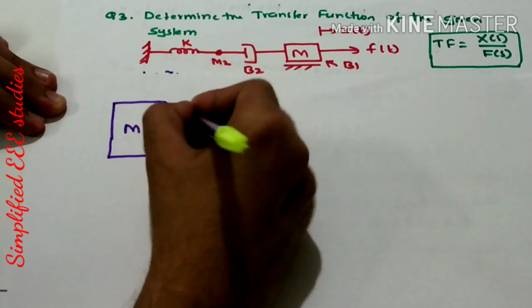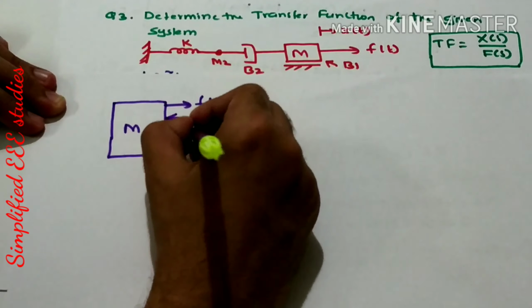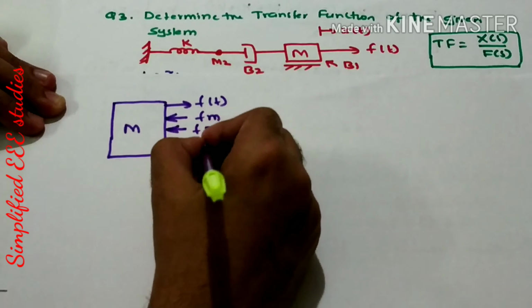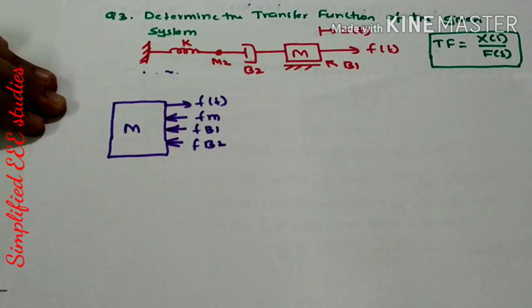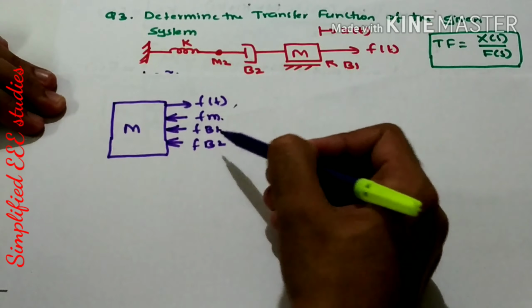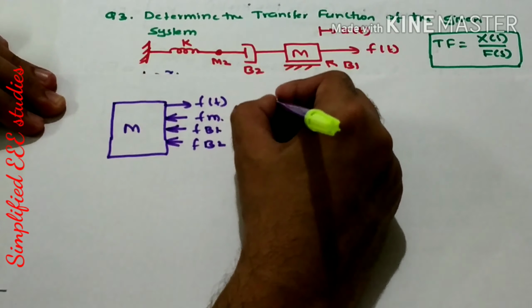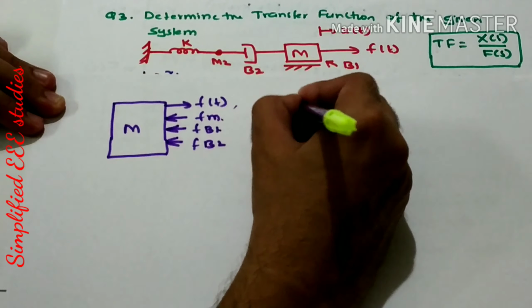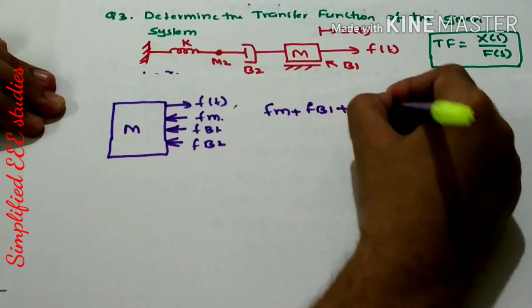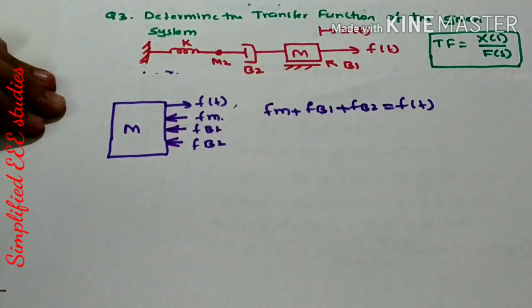Then because of friction there is a damper present, Fb1, then Fb2. So let us list out: F of t, Fm, Fb1, Fb2. Then you can apply D'Alembert principle. Fm plus Fb1 plus Fb2 is equal to F of t.